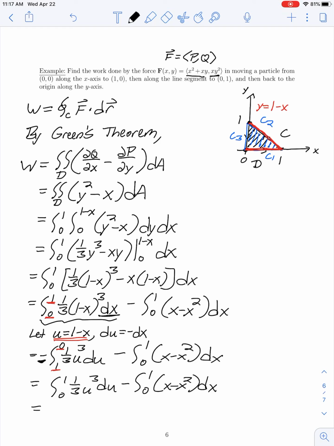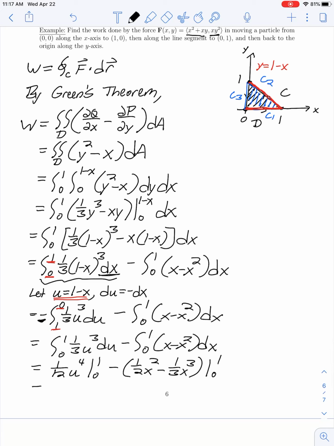So if we evaluate our antiderivative of this first piece, we have 1/12 u to the 4th from 0 to 1, minus the antiderivative of this second part, which would be 1/2 x squared minus 1/3 x cubed, evaluated from 0 to 1. So let's see what we're left with here. Plugging in 1 for u, we have 1/12. Minus, when we plug in 0 for u, we have 0. Then we are subtracting.